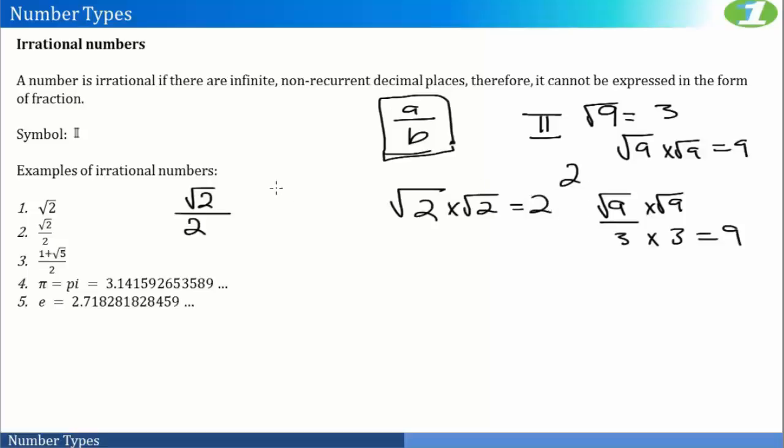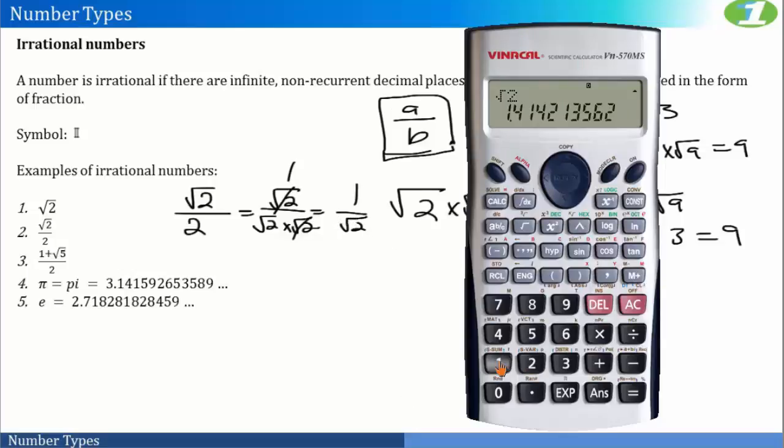And so if I were to write 2 as root 2 times root 2, then this thing would actually be 1 divided by root 2. Now, again, if I were to use my calculator, 1 divided by root of 2, then you get a non-recurring decimal. All right, so this thing is actually irrational.